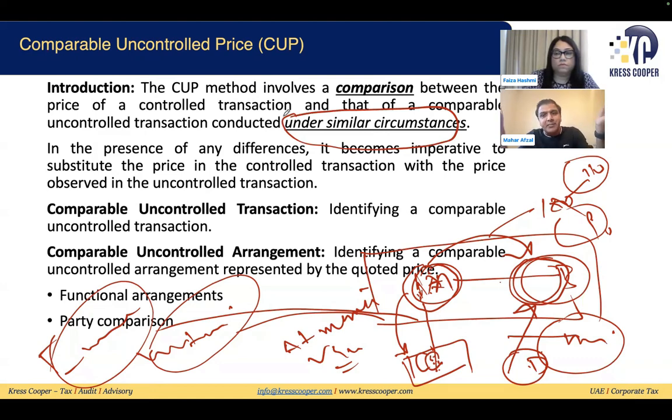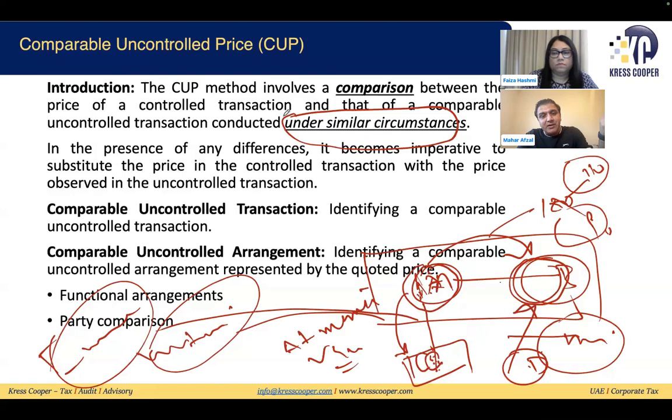A and C are unrelated parties, and D and B are unrelated parties. Then we need to identify similar transactions under similar circumstances. We are assuming the goods that A is selling to B, A is selling the same goods to C as well, meaning same goods, similar circumstances, almost the same terms and conditions.